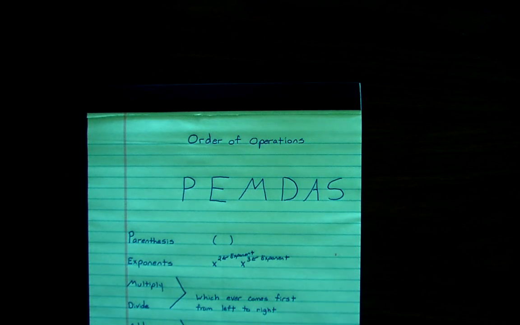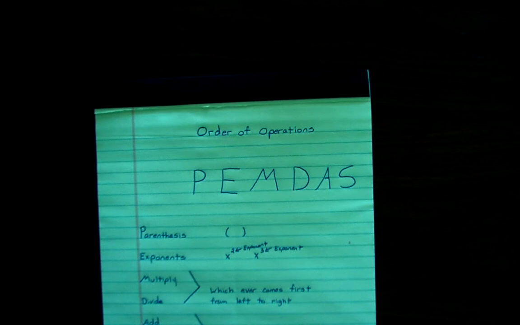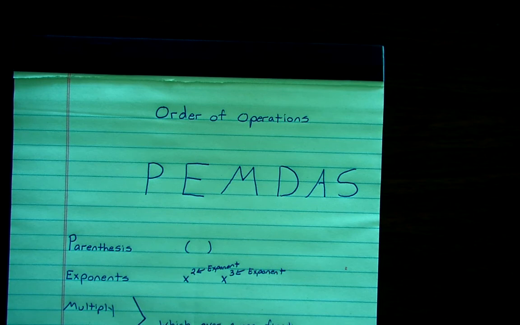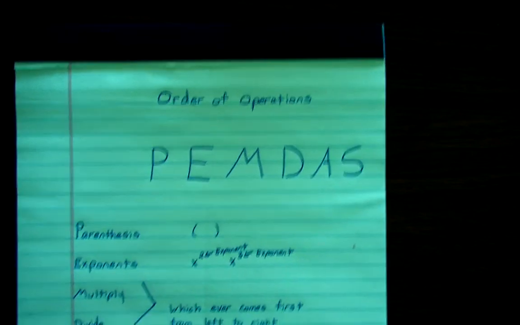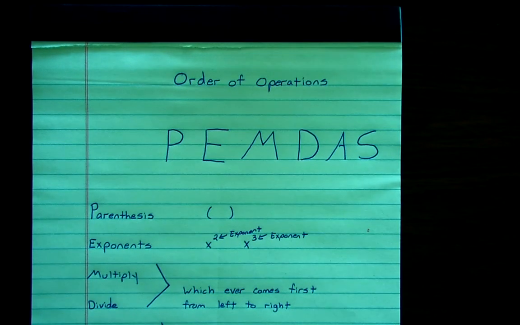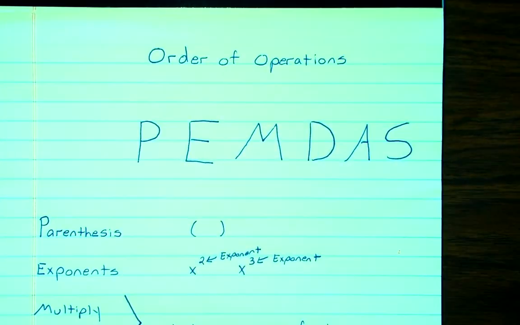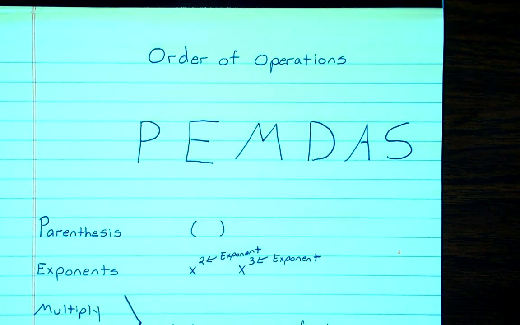Mr. Nolan's back again. I'm going to be a little bit serious on this video, not really say any jokes. I'm going to have to admit I've been a little frustrated with the effort students have been giving on Order of Operations. Order of Operations really should not be that hard. The issue I'm seeing is students not going step by step.